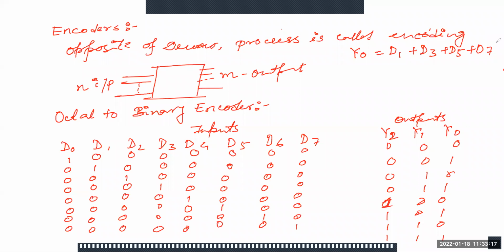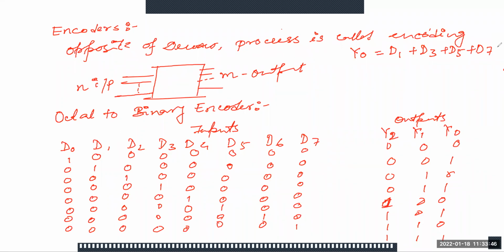So how am I getting this? Because from the truth table you can see that Y0, that is the LSB of the output code, must be 1 whenever the input D1 or D3 or D5 or D7 is high, I mean 1. So that's why Y0 equals D1 plus D3 plus D5 plus D7.